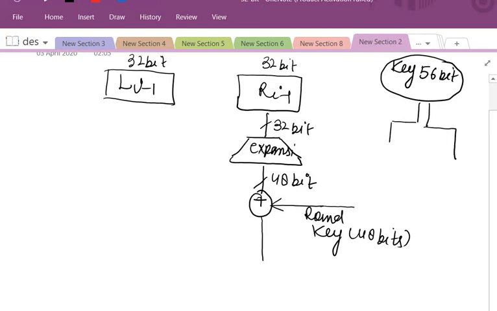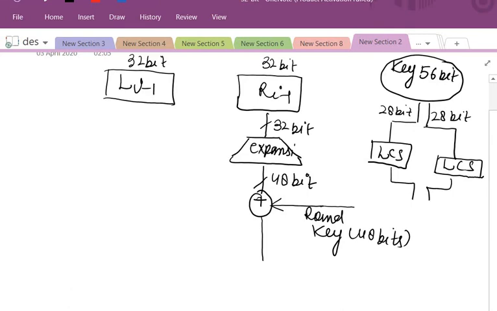First we divide it into 28-bit parts, and individually we perform the left circular shift on each. Then we combine them again and perform the compression p box. From this compression p box, the 48-bit round key will be generated.